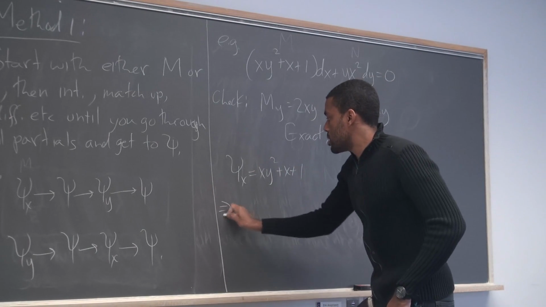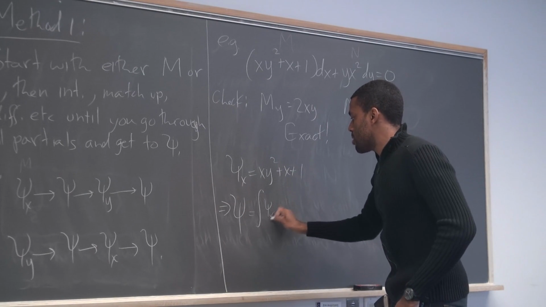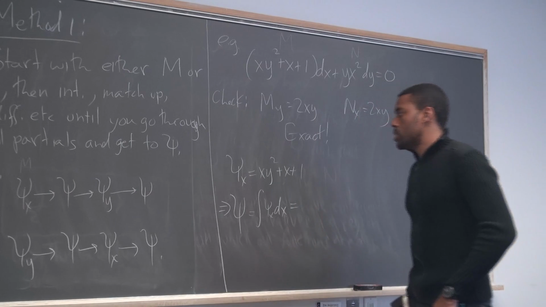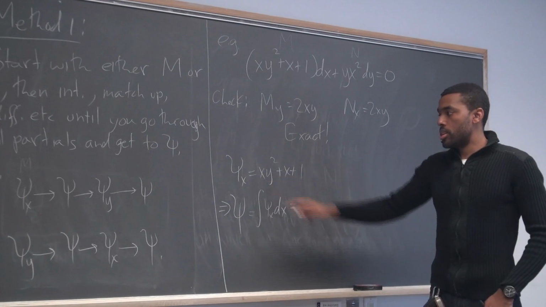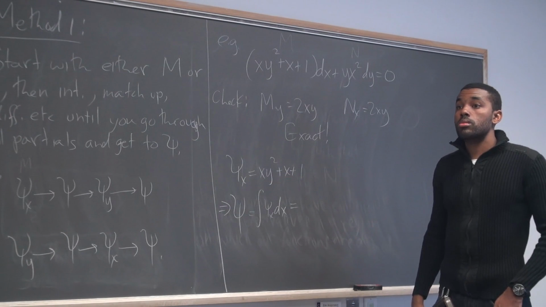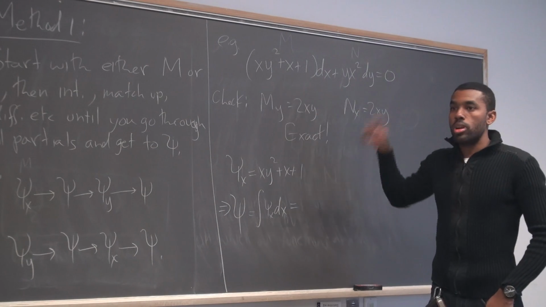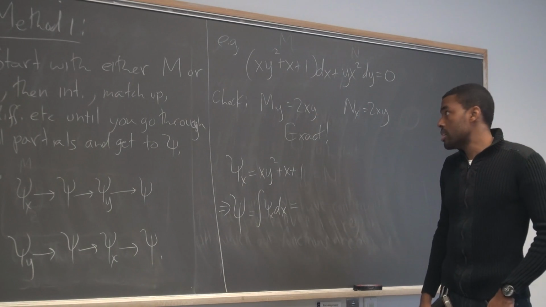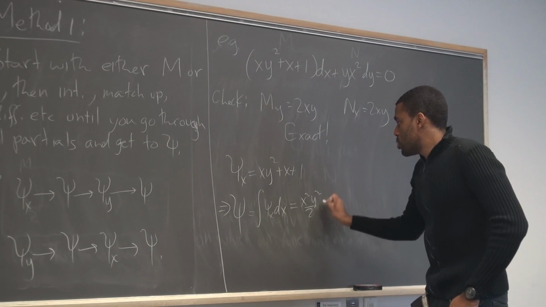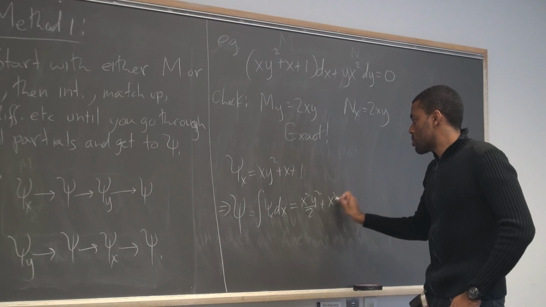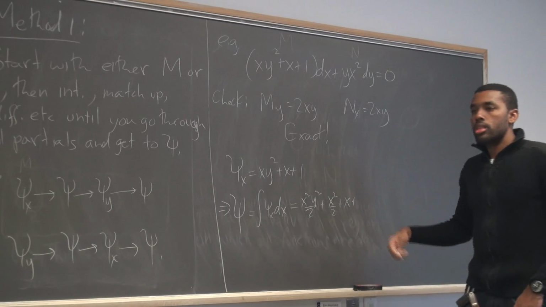This means that to get to gamma, I take the antiderivative of that function with respect to x, which is x squared y squared over 2 plus x squared over 2 plus x, plus a constant.